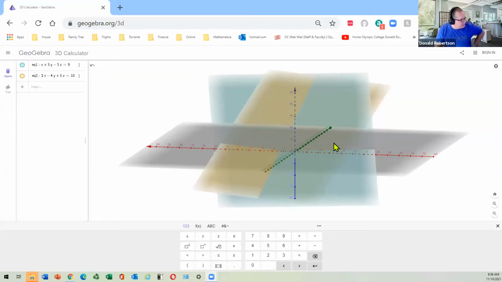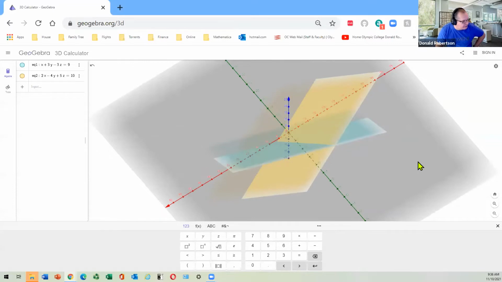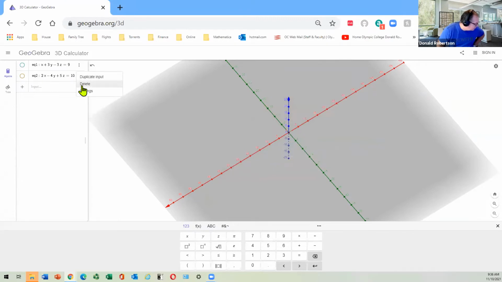Oh, by the way, this is just 2 planes intersecting on a line. I didn't show you that, but that's what that was. Right, so let's go away. There you go, go away, go away. Right. Should be able to delete these guys. Normally just click, there we go, delete and delete.